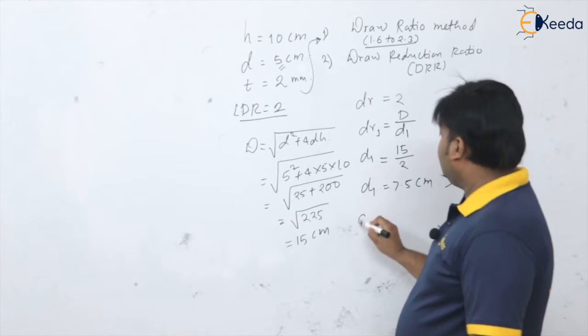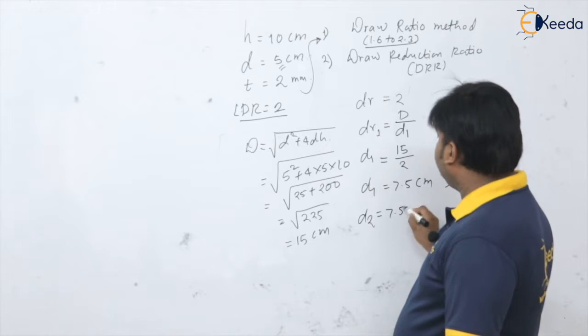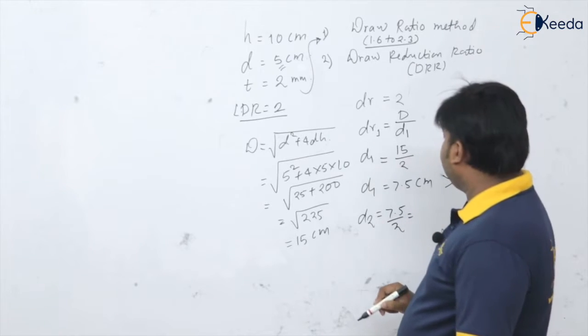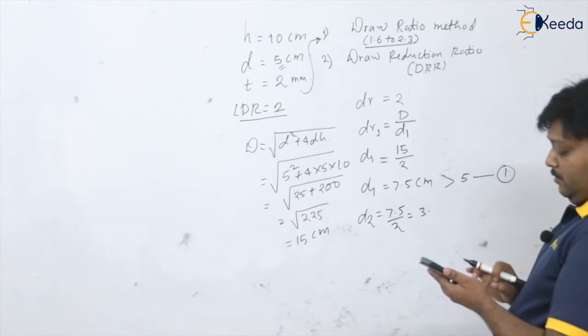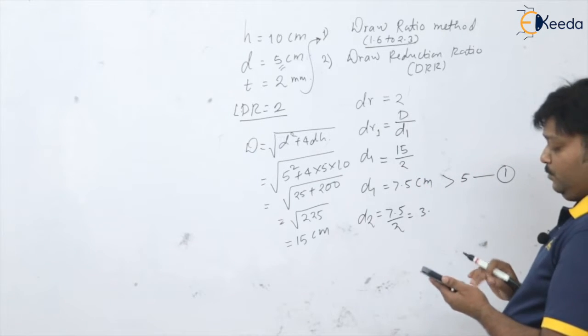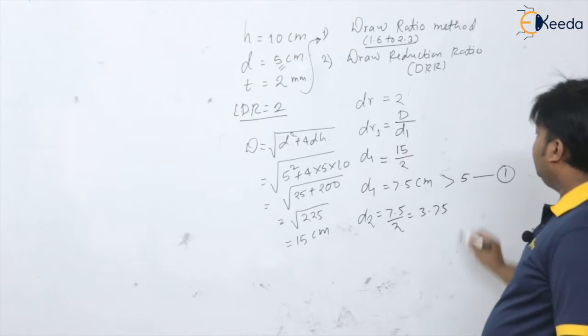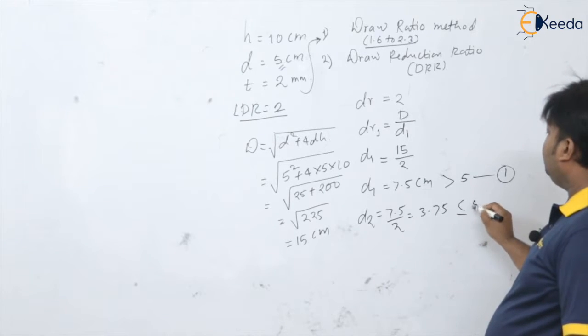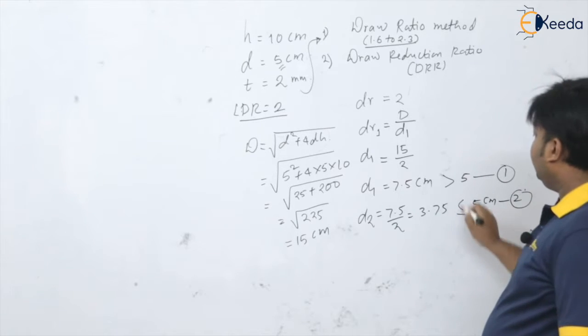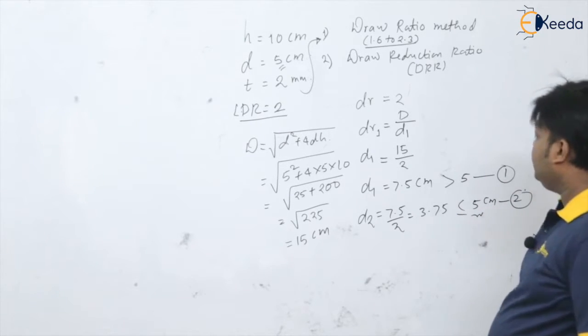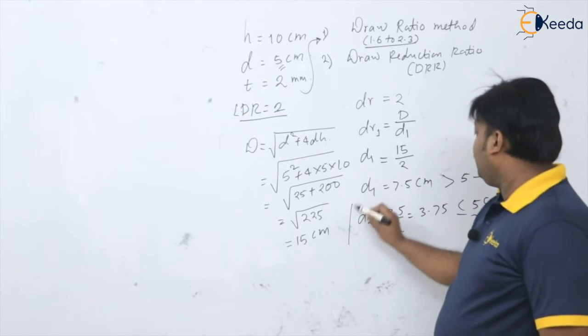Go for the second draw. So d2 will be 7.5 divided by 2, that will be 3 point something, isn't it? 7.5 divided by 2, you got 3.75. Yes, this is less than or equal to 5 centimeter. So definitely you can control the diameter up to 5 centimeter in the second draw.